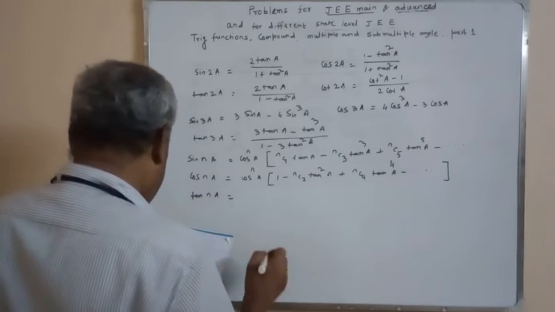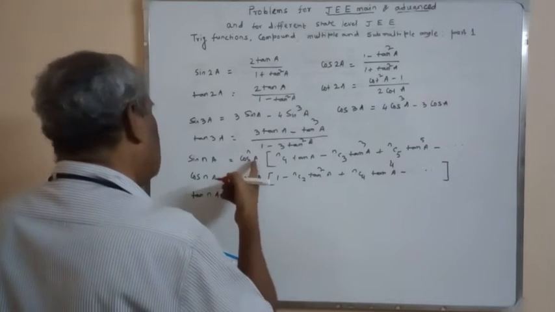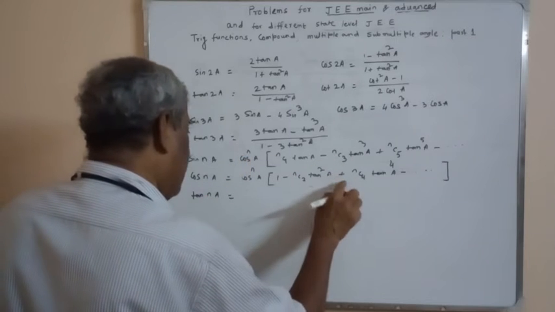Tan na is this by that, cos will be cancelled, this divided by that.